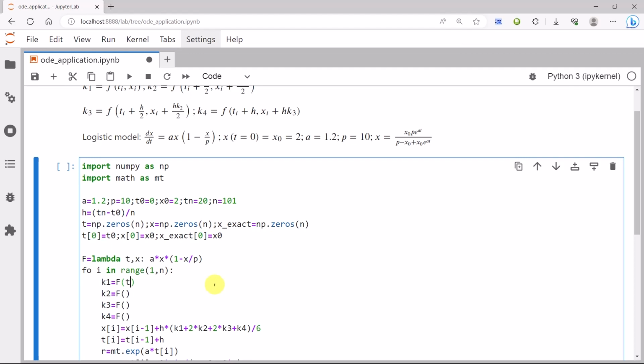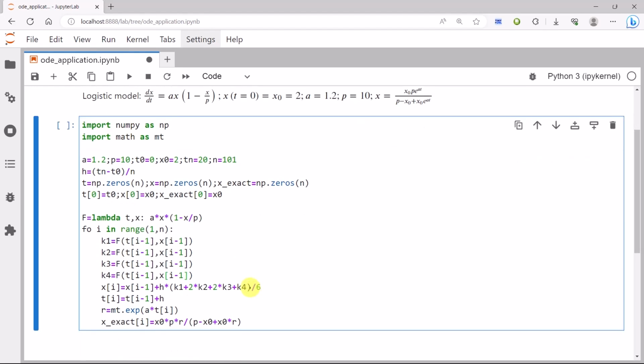So t i minus 1 and x i minus 1. Okay, so I have copied it everywhere.